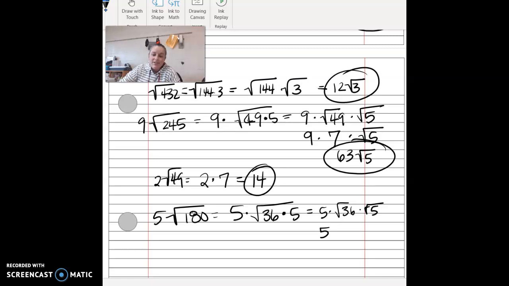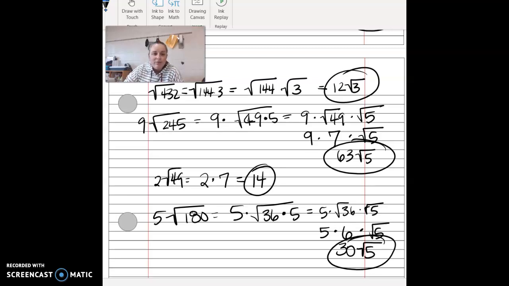The square root of 36 is a nice number. It's 6. 6 times 6 is 36. Square root of 5 is not nice. There's no nice number that you can multiply by itself to get 5, so we'll just leave it the square root of 5. 5 times 6 is a nice number, 30. And then times the square root of 5.